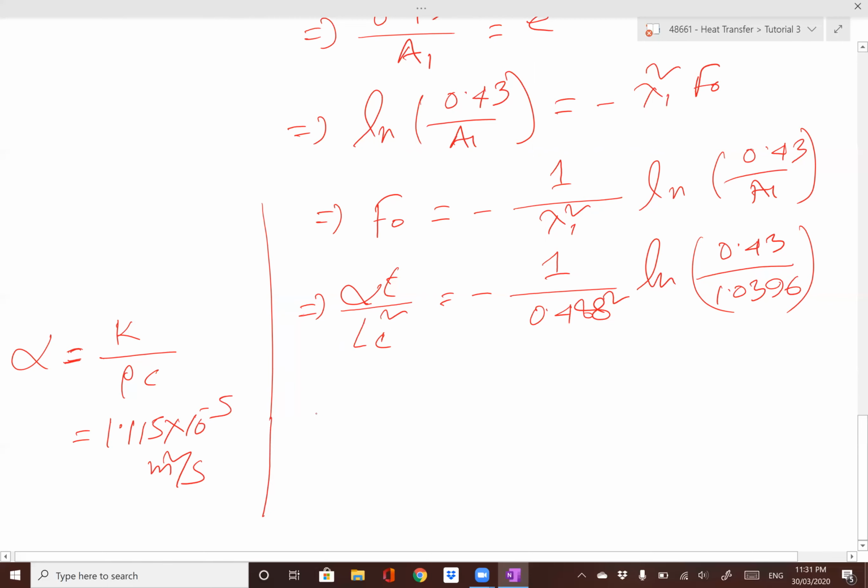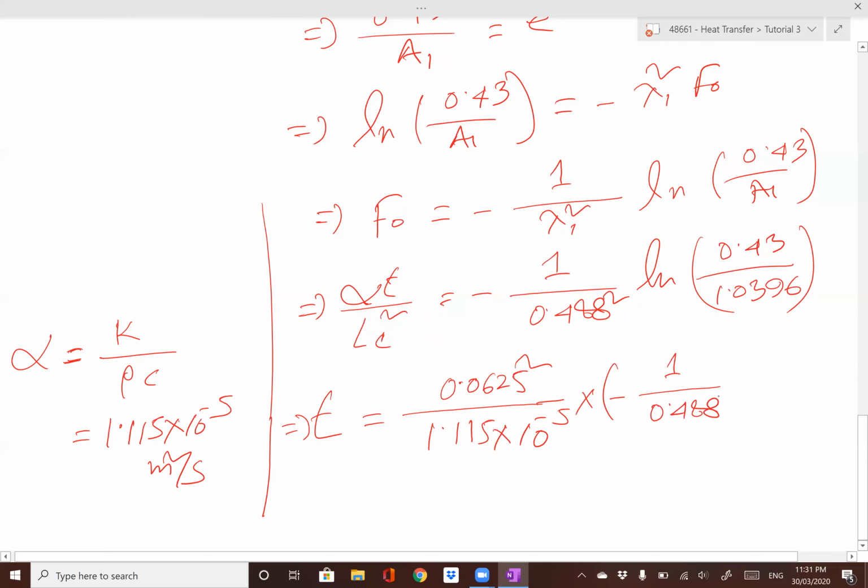So we will find out basically the time t. It will be Lc was 0.0625 square, then alpha is 1.115 times 10 to the power negative 5, then negative, 0.488 square, then log of 0.43 over 1.0396.